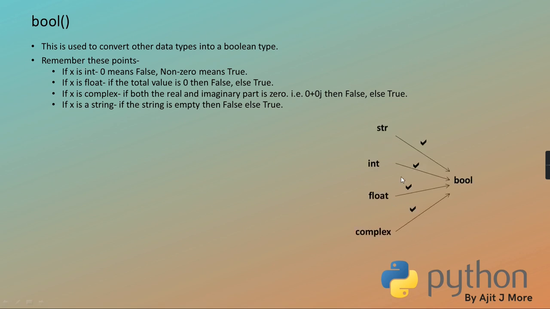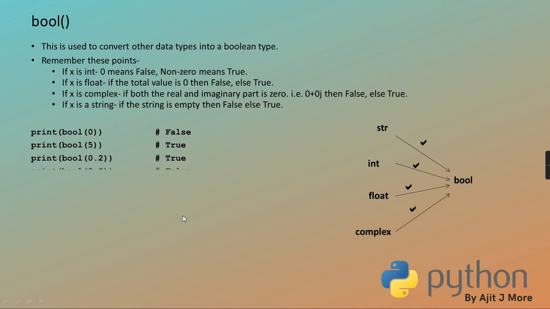See, so again the sequence I have given: string to Boolean is allowed, integer to Boolean allowed, float to Boolean allowed, complex to Boolean allowed. Okay? Bool of 0, 0 is false. Bool of 5, it's other than 0, therefore true. 0.2, so are both parts 0?